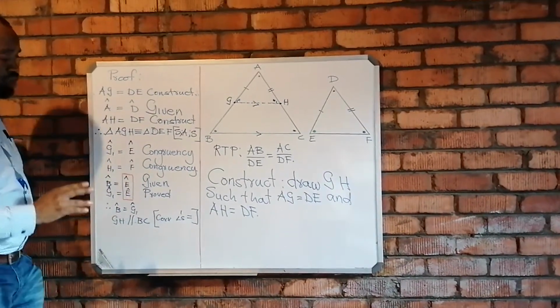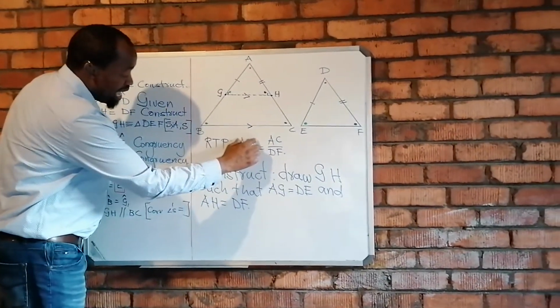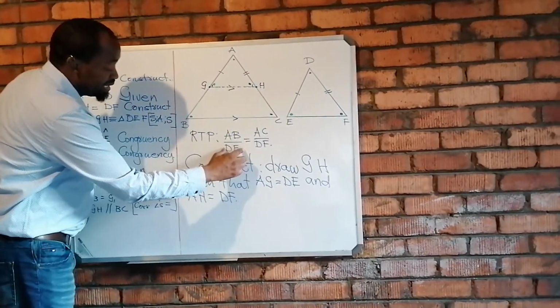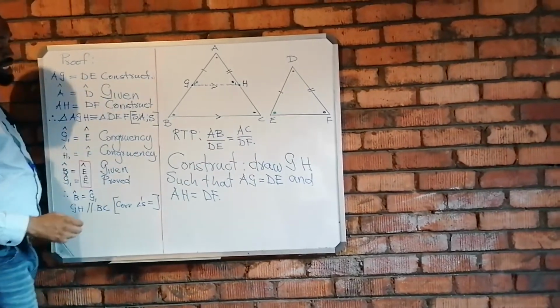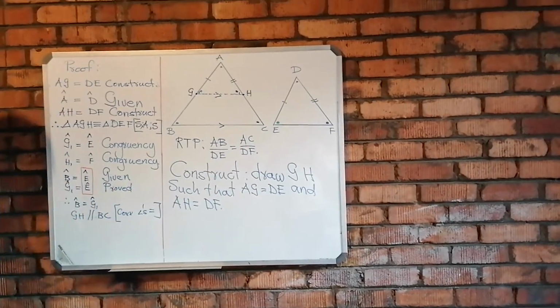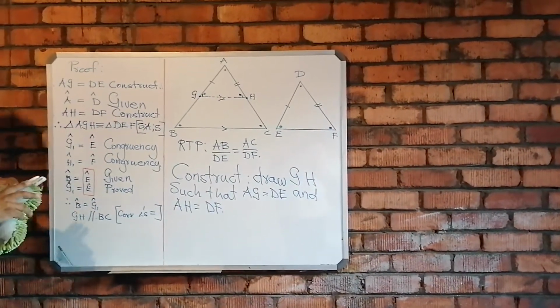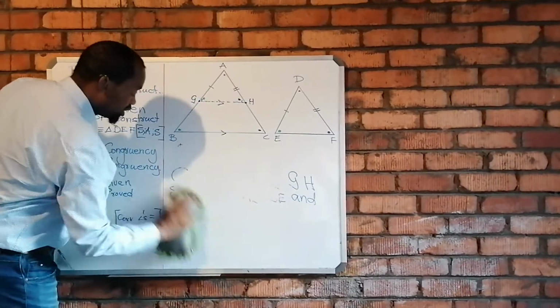Remember, what is it that we want to prove? We want to prove that AB divided by DE is equal to AC divided by DF, which are corresponding sides of the two triangles. Now I'm going to remove this so that we get the space to write.